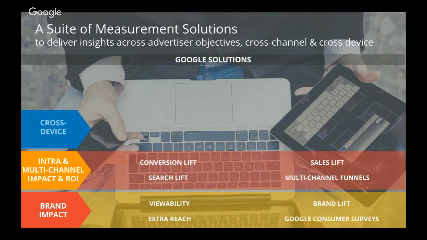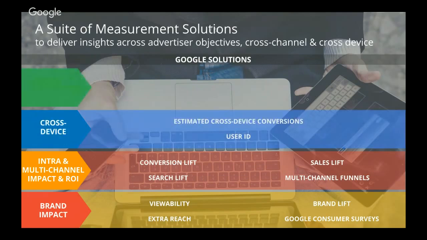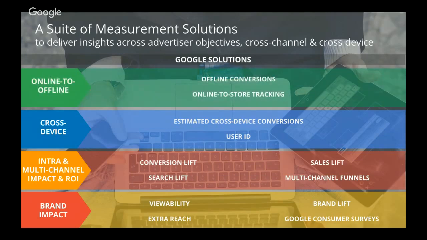As users move seamlessly across devices, it's imperative to understand that journey, and through cross-device measurement, we help you obtain those type of actionable insights. For advertisers with physical store locations, bridging the online to offline world is pivotal, and with our offline conversions and online to store tracking, you are able to accomplish this.